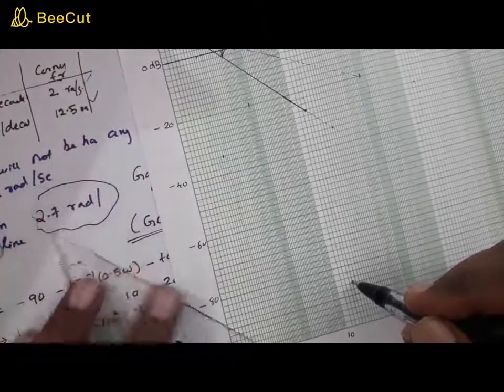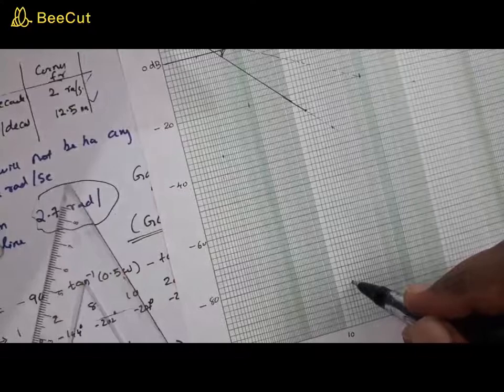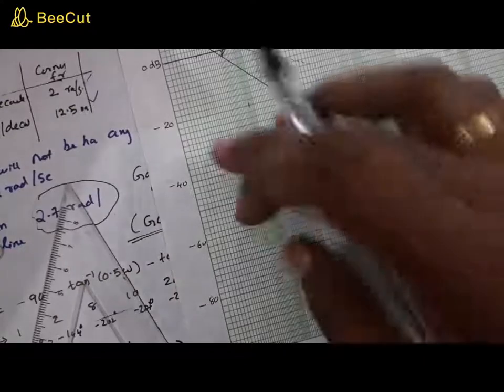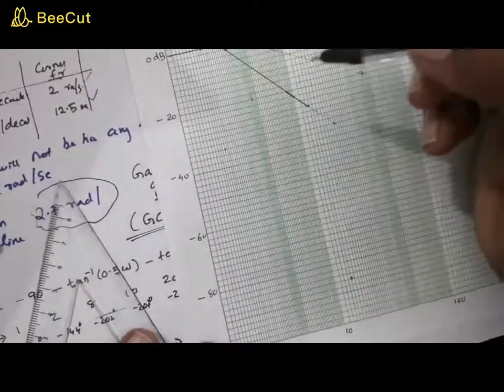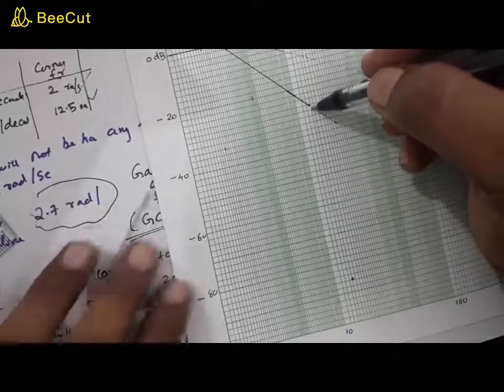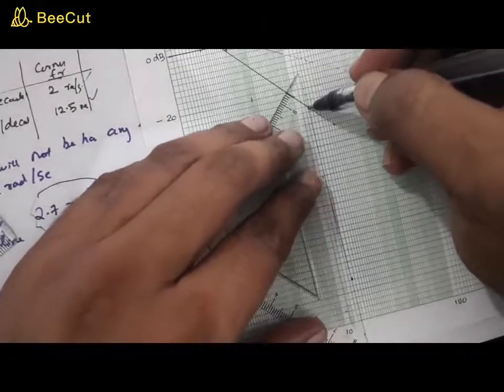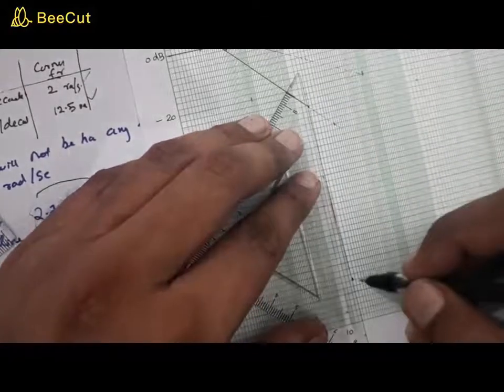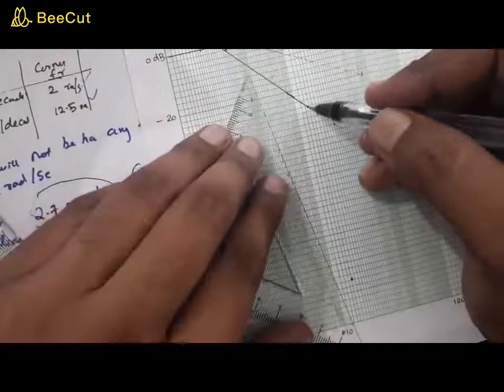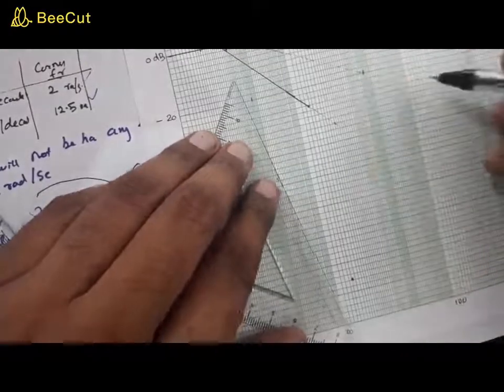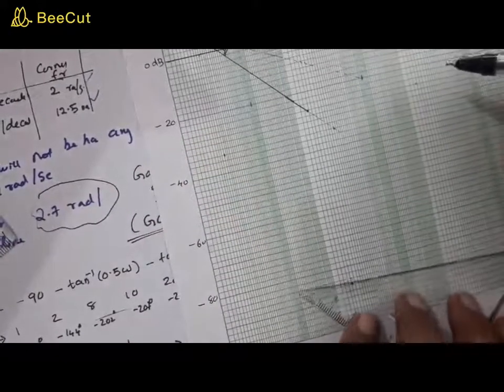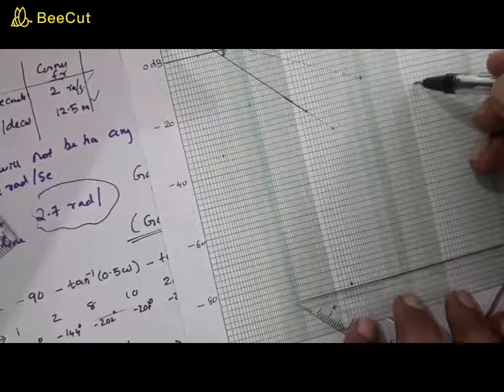Okay. So what else? So this is actually your 2.5. This is your 10, and this is your decade.